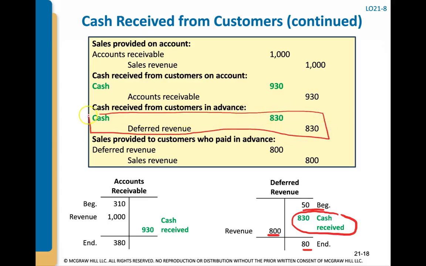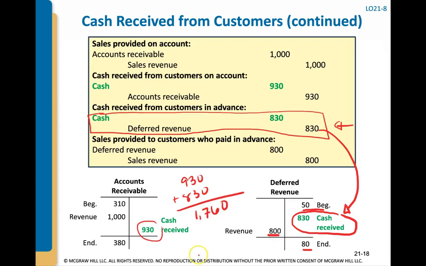They paid us more in advance, and we recorded this journal entry: debit cash 830, credit deferred revenue, which is what goes right here. So this green highlight is all plugs. If you look at our cash received, we had 930 and 830. That means we received cash from customers for $1,760. I want you to remember that number.